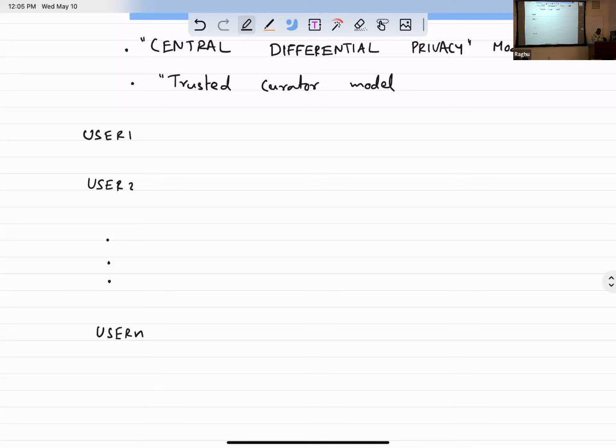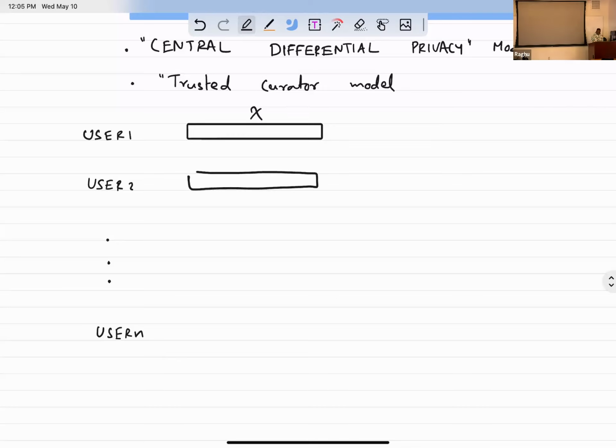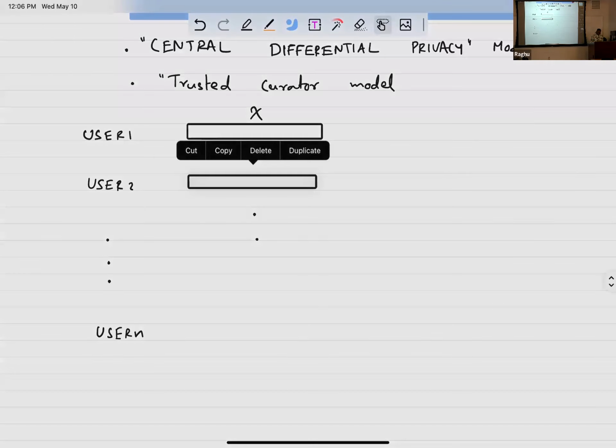And each person has some data that they have available. Maybe their search history, their demographic history, their medical history, something like that.